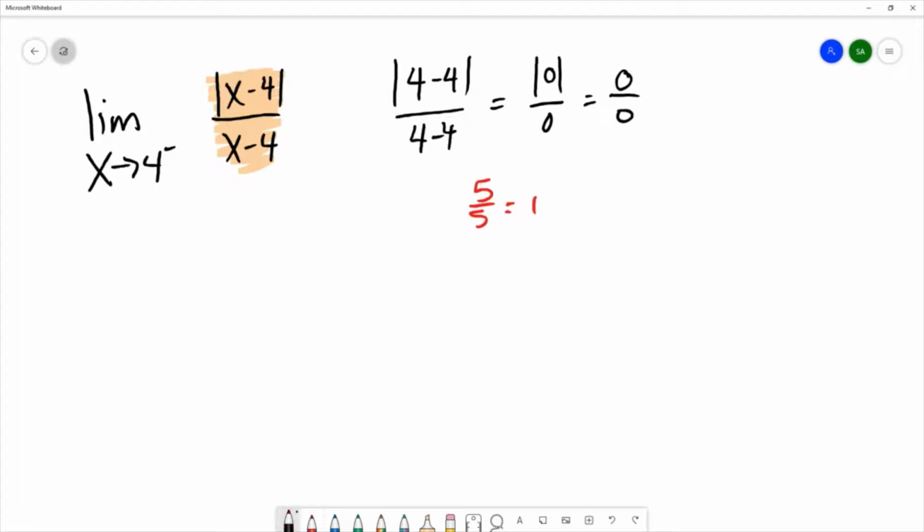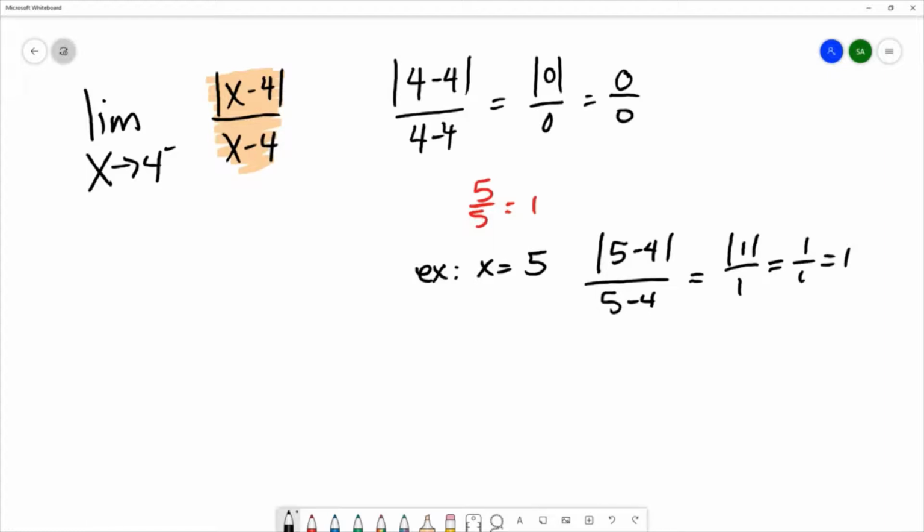So let me just give you an example. If I let x be equal to 5, this expression would be absolute value of 5 minus 4 over 5 minus 4, and that's absolute value of 1 over 1, which is 1 over 1, and that's 1.